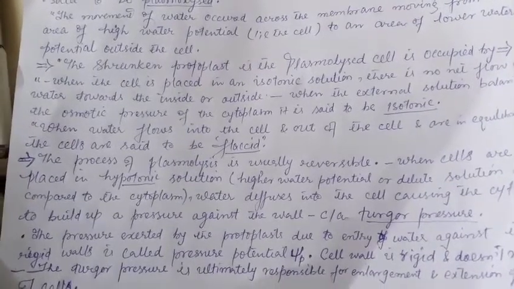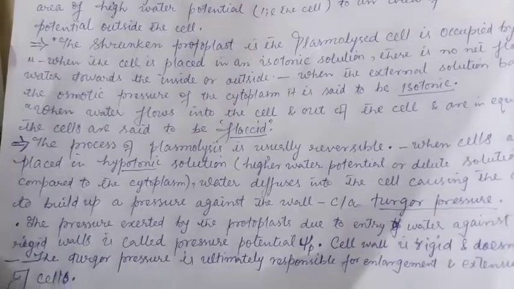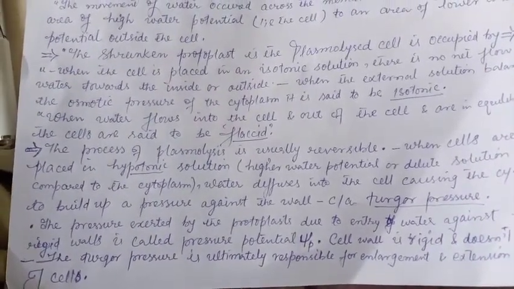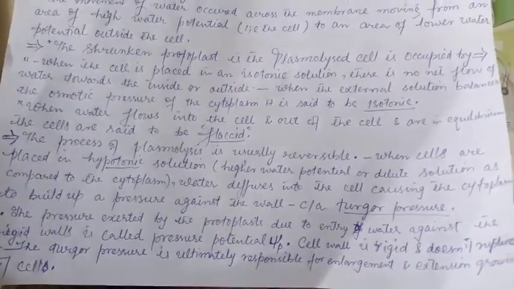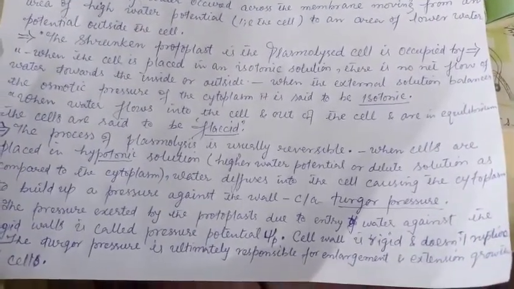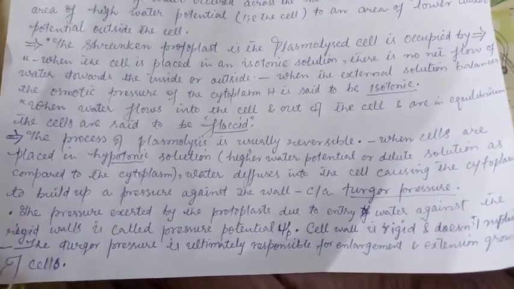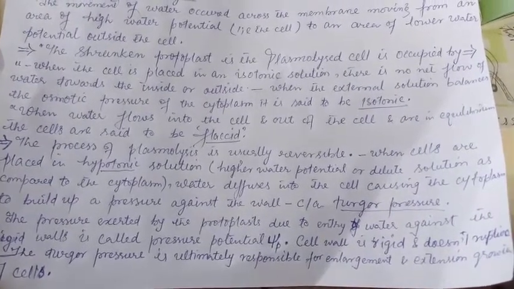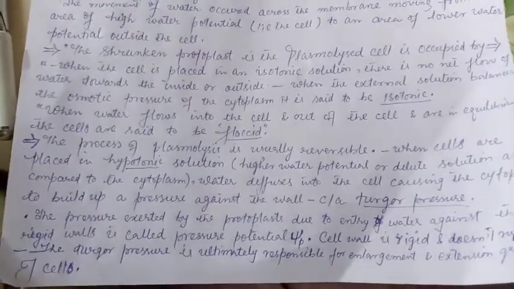And the pressure exerted by the protoplast due to the entry of water against the rigid walls is called the pressure potential. A cell wall is rigid and does not rupture. The turgor pressure is ultimately responsible for enlargement and extension, growth of the cells.